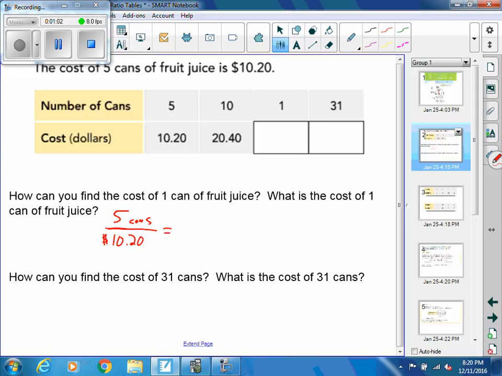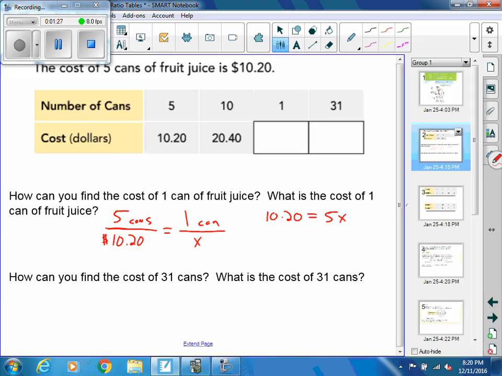If I want to know how much 1 can of fruit juice is going to cost, well, in my ratio here, cans are on top, so that 1 can has got to go on top, and I'm looking for that. So I can do my cross multiplication here. $10.20 times 1 is $10.20, and 5 times x is 5x.